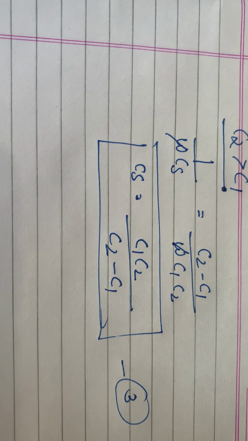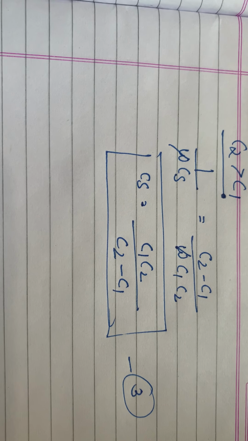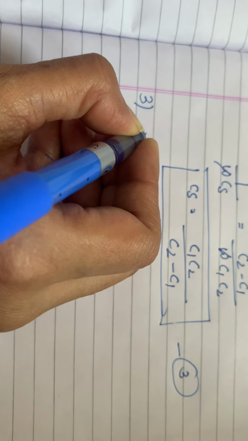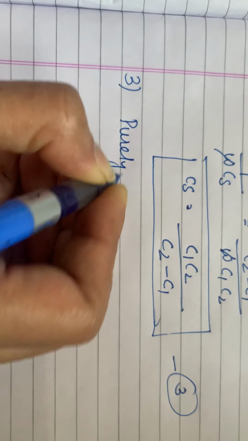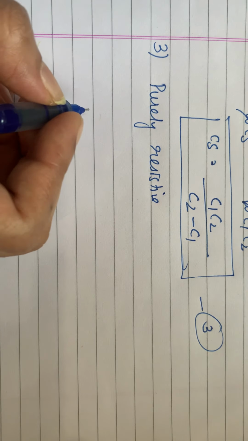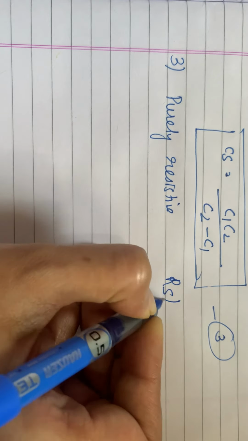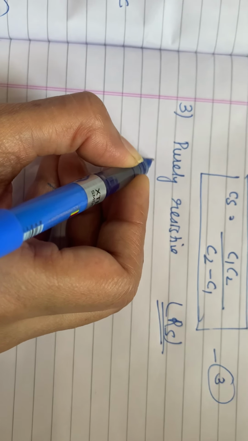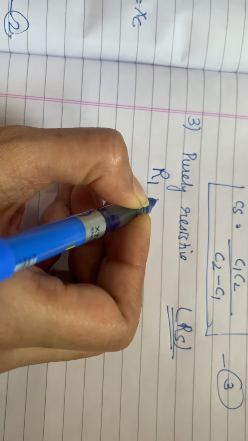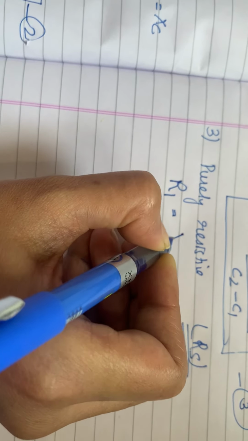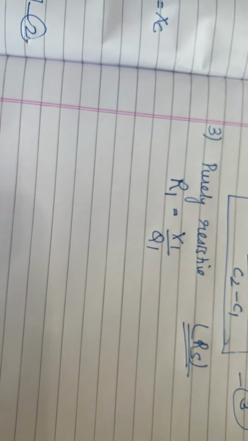Now a very interesting point is how to find out the third case, if XS is purely resistive in nature. If it is purely resistive in nature, how are we going to find out the unknown resistor Rs? Let us suppose that during the first measurement, the net resistance was R1, which was X1 upon Q1.